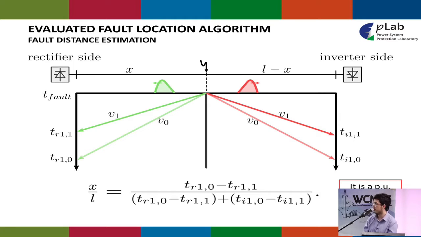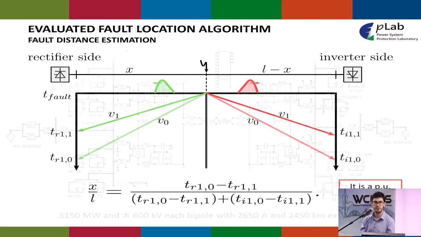It's important to notice here that this formulation does not depend on line parameters or data synchronization. And it is a PU measure. Keep in mind that we use the per unit measure to locate our faults, but we also use the fact that we knew the line length from the simulation model to estimate in meters, just for convenience.